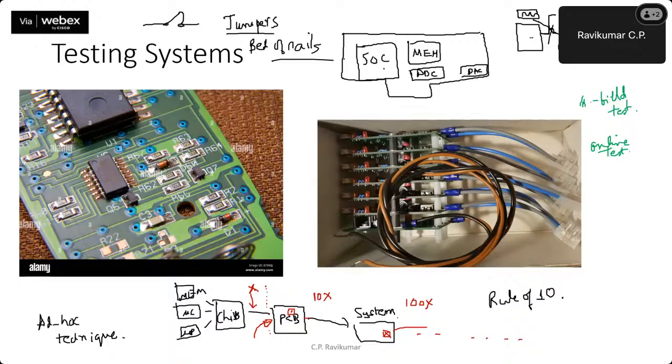And then you can read off all the signals, and maybe connect it to a digital logic analyzer and see what signals you are getting and things like that. So that is also one particular technique, right?